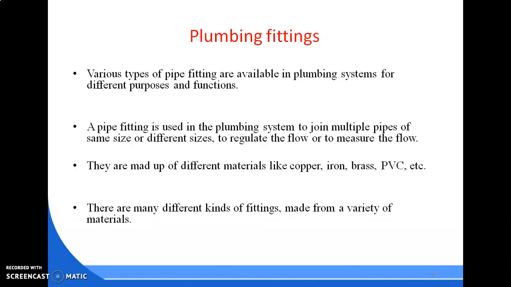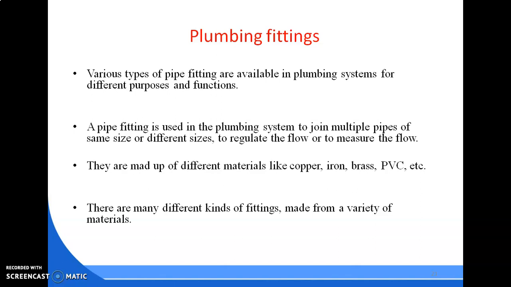Then plumbing fittings. The term sanitary fittings or plumbing fittings is used to indicate, in its broad sense, all the fittings required in house drainage for the efficient collection and removal of wastewater from the house to the house drain. Various types of pipe fittings are available in plumbing systems for different purposes and functions.